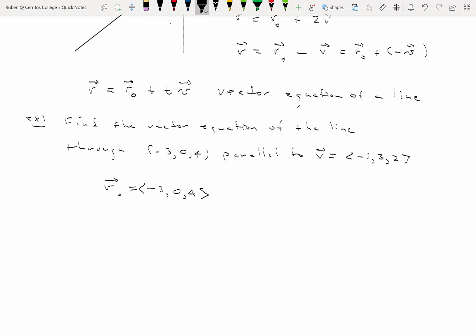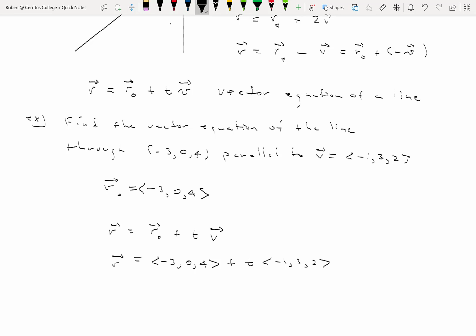So our line, the vector form of the line, is r equals r naught plus t times the direction vector v, or r equals -3, 0, 4 plus t times the vector -1, 3, 2. And that's the vector equation of this line.